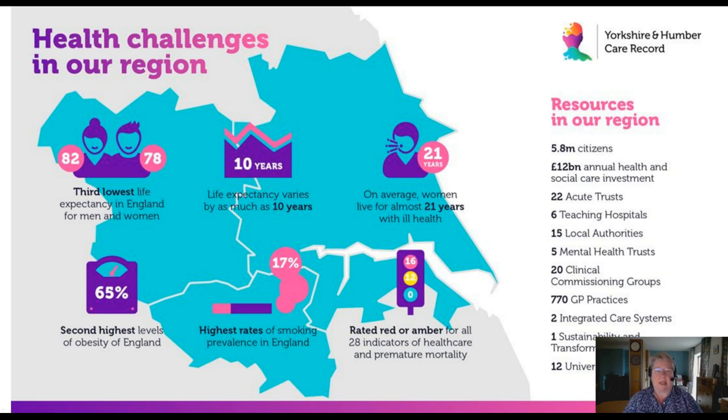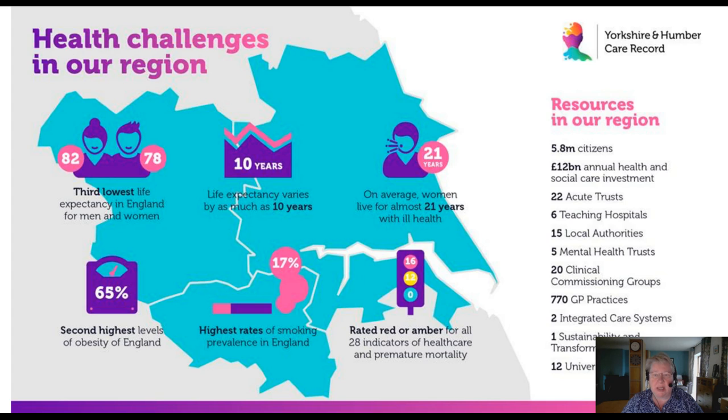Over the last 3 years in the UK, we've had a national programme funded by NHS England called the Local Healthcare Record Exemplars. It's very much a bottom-up approach in terms of linking up systems of systems. There were 5 Wave 1 exemplars, of which Yorkshire and Humber is a region of approximately 5.8 million citizens in the UK, with £12 billion annual health and social care investment.